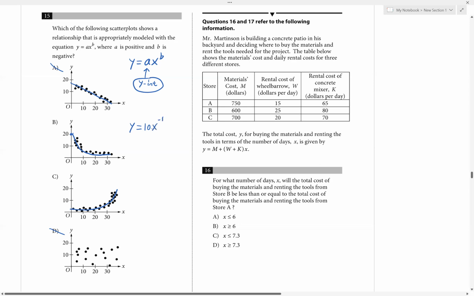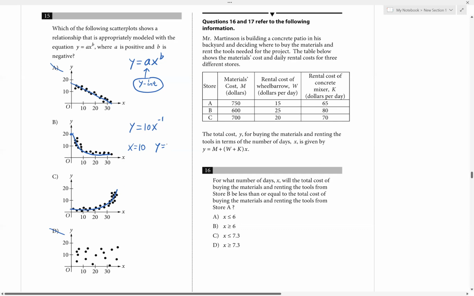Then we can plug in some numbers and see what kind of pattern we have. Let's just say when x is 10. This has nothing to do with these two graphs. I'm just plugging in some numbers to see the pattern.